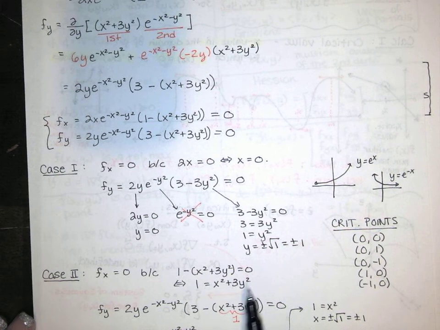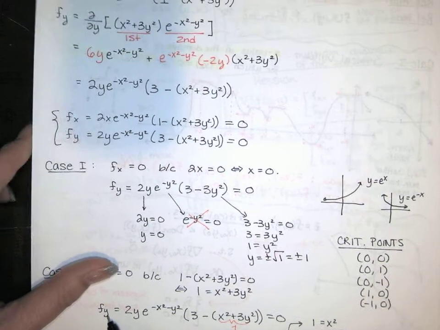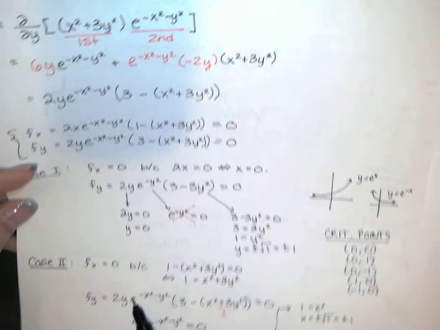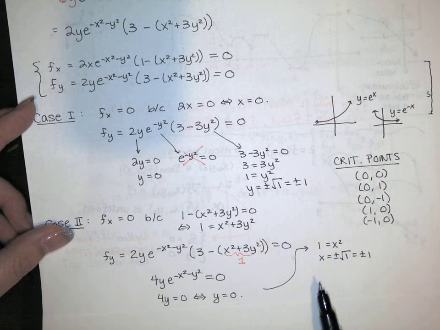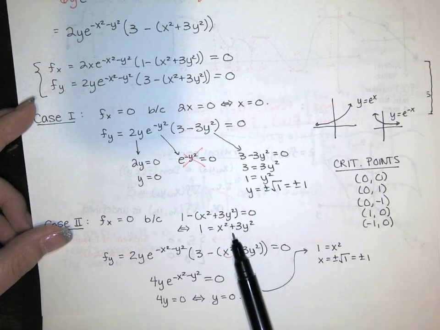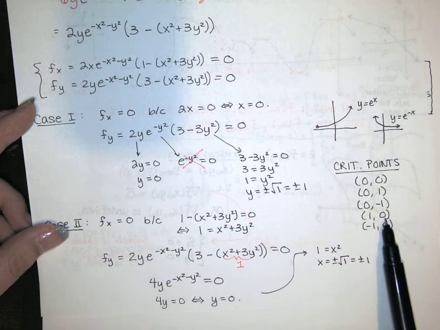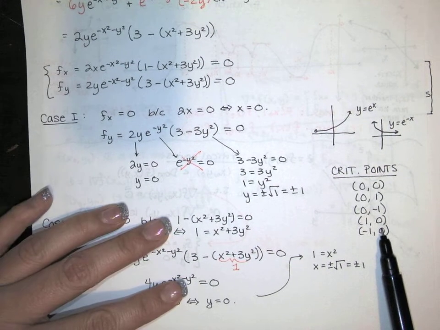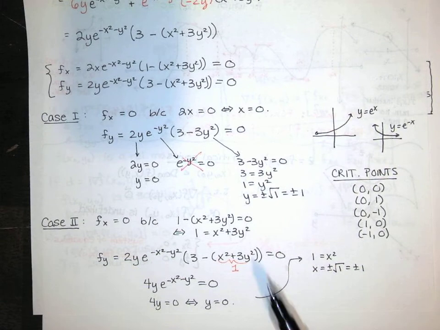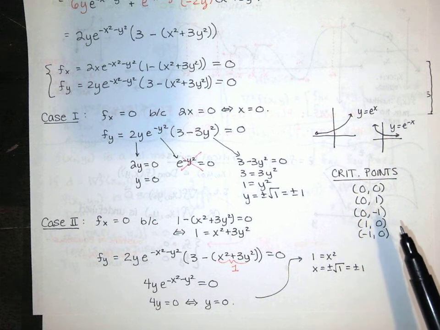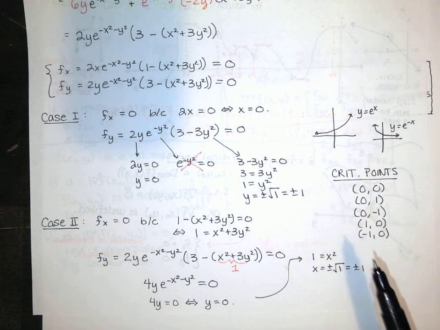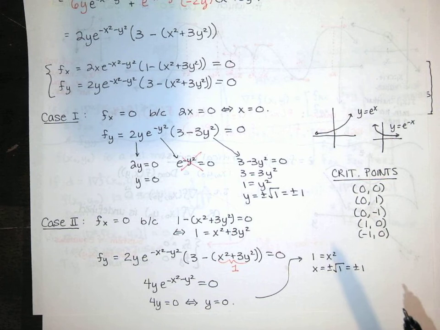We said if that's true, and the partial of f with respect to y is 0, then it turned out that y would have to be 0, and then if y is 0 and we substitute that in over here, we get x is plus or minus 1. So we got 2 more critical points from this. So that's the recap. If you want to watch me work it out, you can look at all those details in the last video. We also talked about why we're doing this and what all these things mean in the last video as well. So okay, we found the critical points.